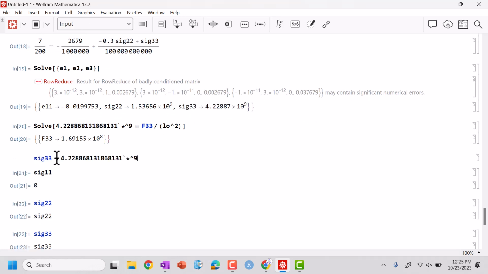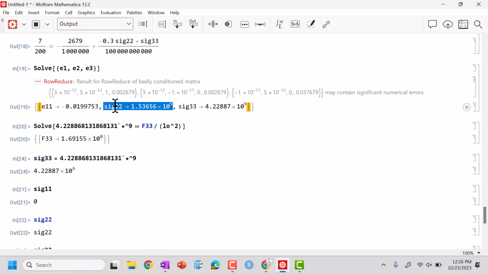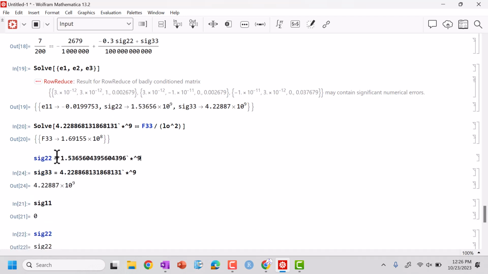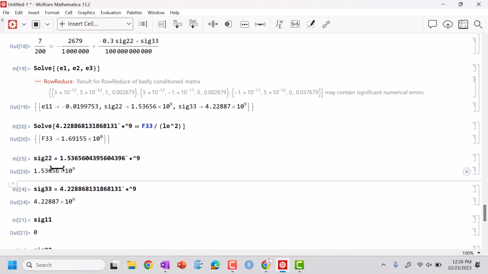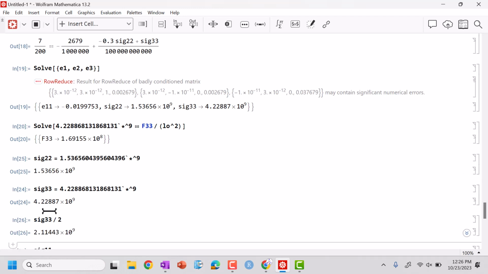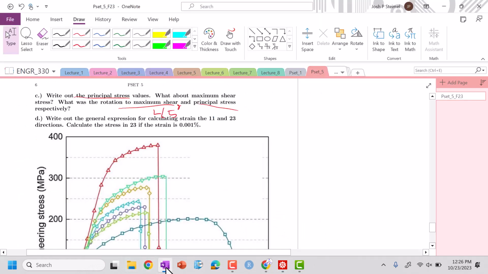Sigma 3-3 is this. Our sigma 2-2 is this. So our maximum shear would just be sigma 3-3 divided by 2, because again, sigma 1 minus sigma 3, the lowest values. And excellent, we got that.